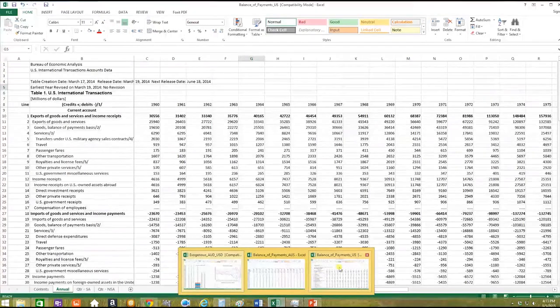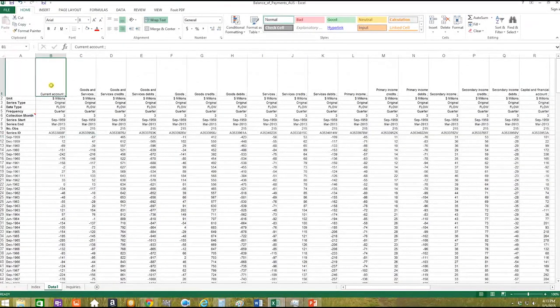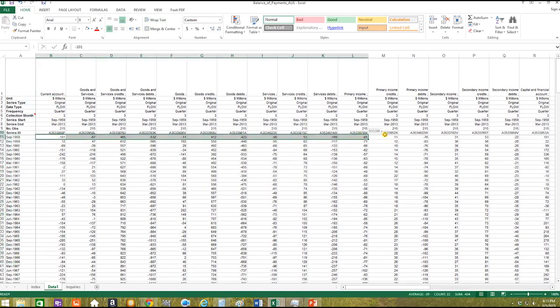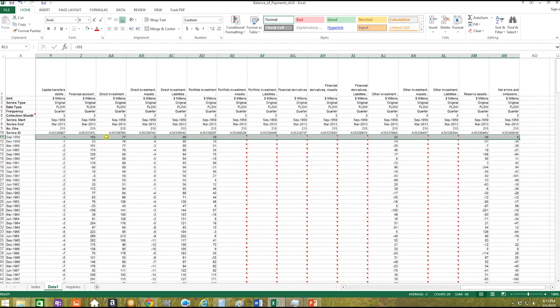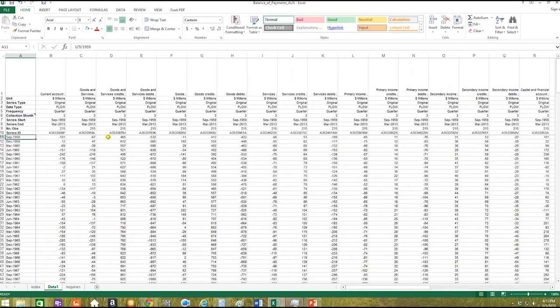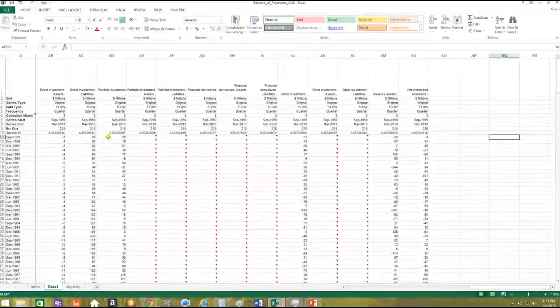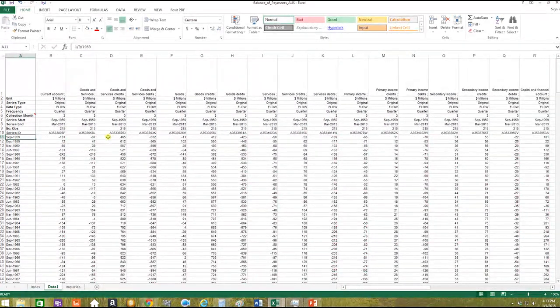What you'll essentially be downloading is a similar spreadsheet to the one we got when we downloaded the US trade data, where you have all of the trade data going back historically to 1959. This represents all trade data across the current account balance, the capital account, and the balancing items.